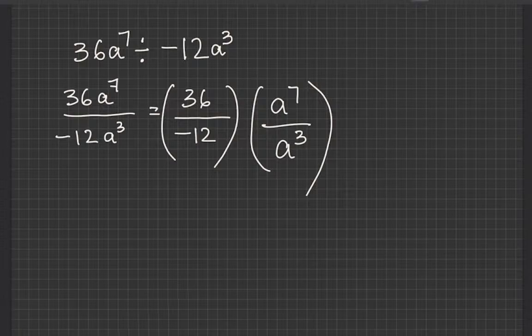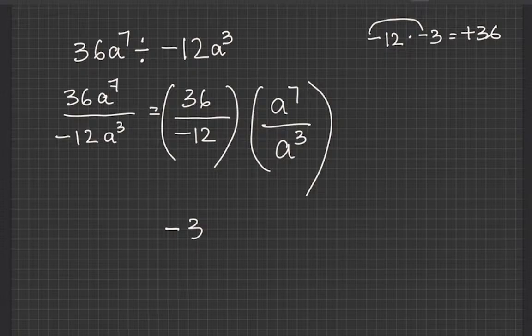Now, I have a negative 12, and in order to get a positive 36, I have to multiply, so my quotient will be negative 3, because negative 12 times negative 3 is equal to positive 36, right? Because two negatives multiplied together give a positive.